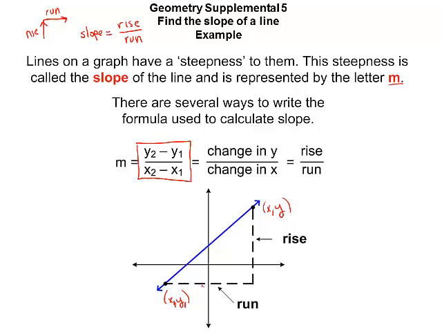What matters is that they're both ones and both twos. I can't have x1, y2 in the same pair. So this is x1, y1, x2, y2, or vice versa. This could have been x1, y1, x2, y2. Just the ones go together, the twos go together. That's where it's important, because otherwise it'll mess this up.